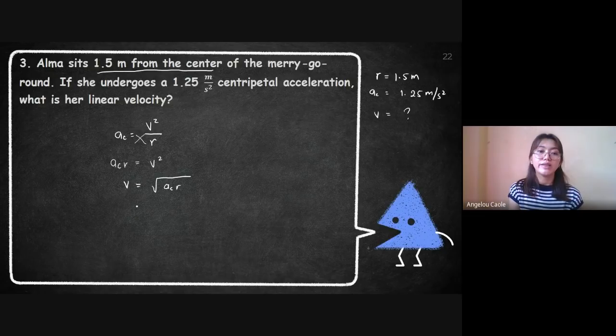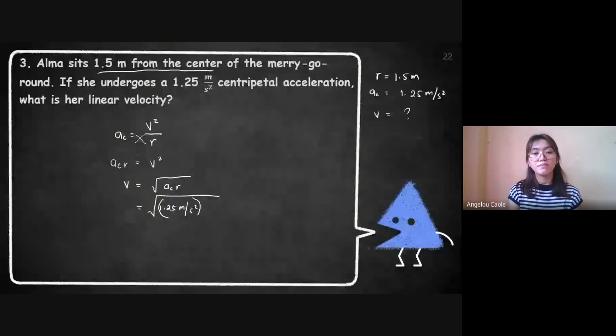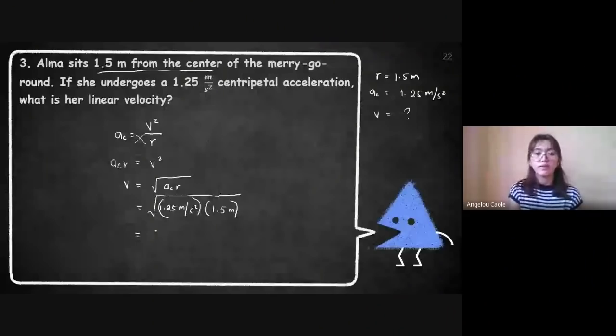Then you can just substitute: square root of 1.25 meters per second squared times the radius, which is 1.5 meters. The answer here is 1.37 meters per second. So that's the linear velocity.